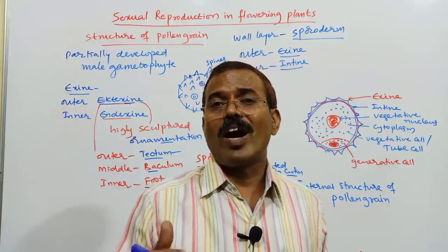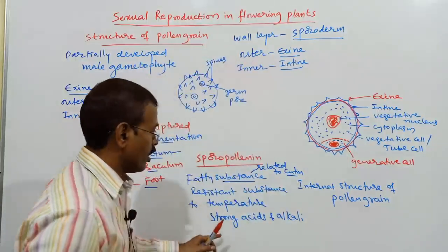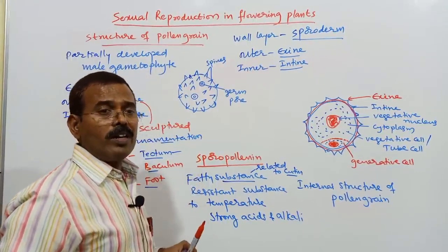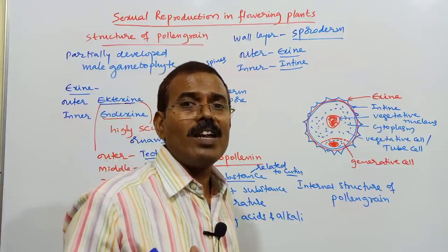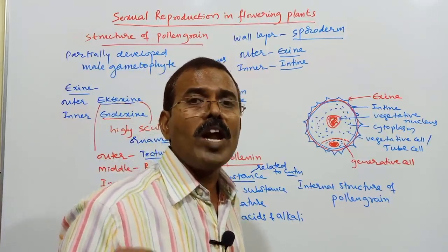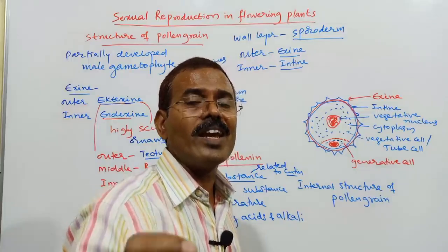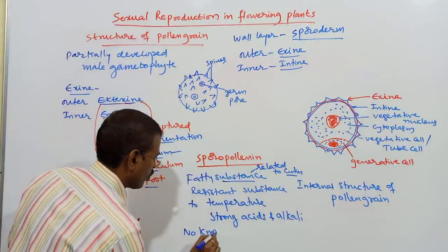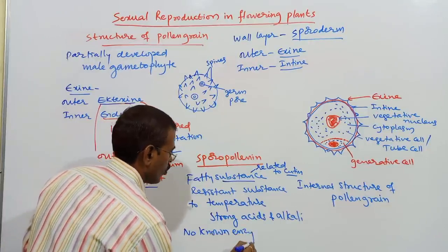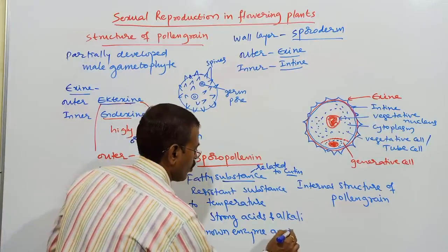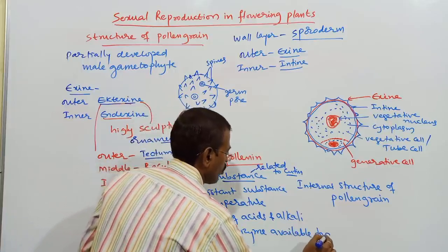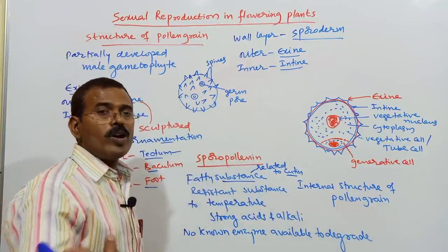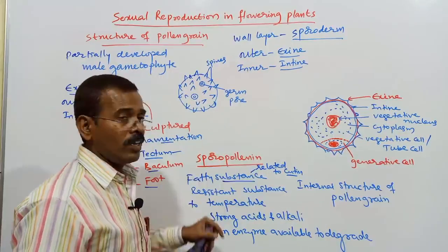It is resistant to high temperature, resistant to strong acid and alkali attack. This sporopollenin is not degraded by any of the known enzymes. No known enzyme is available which can degrade the sporopollenin.